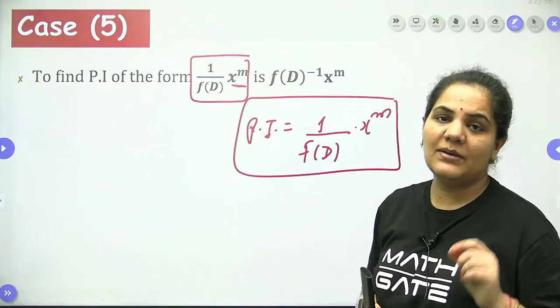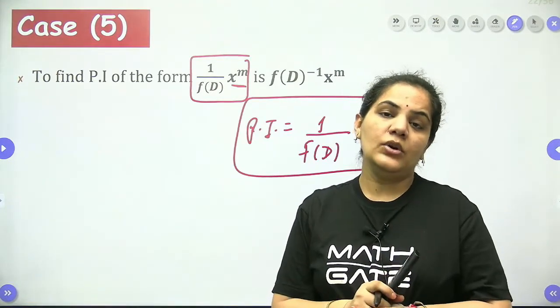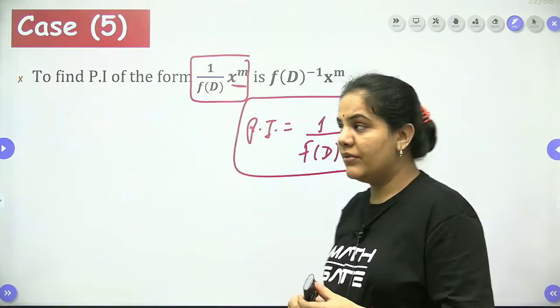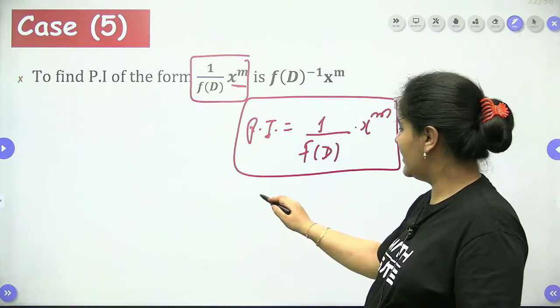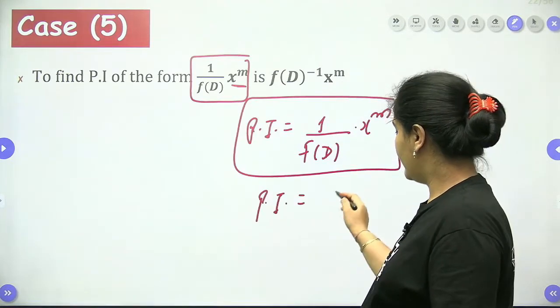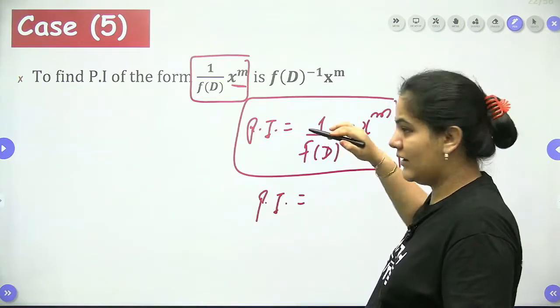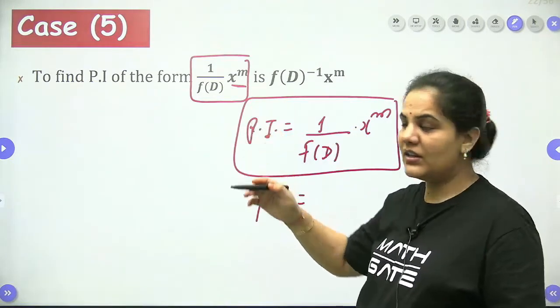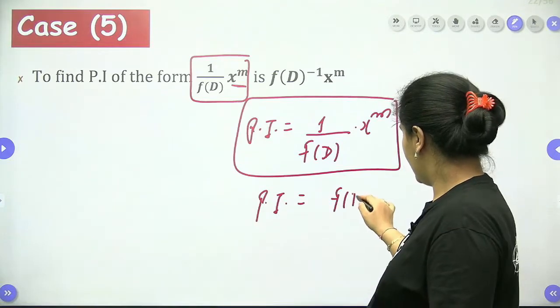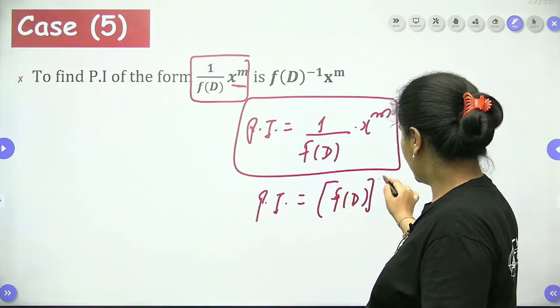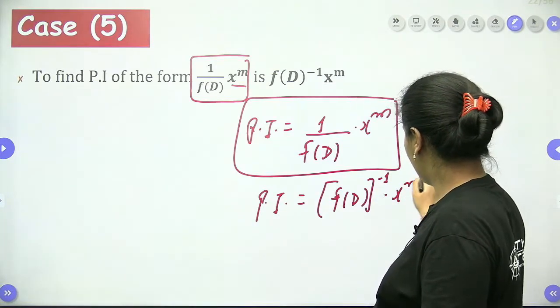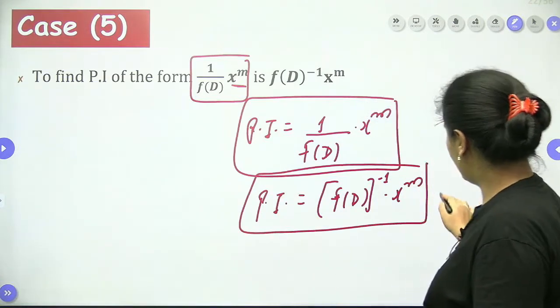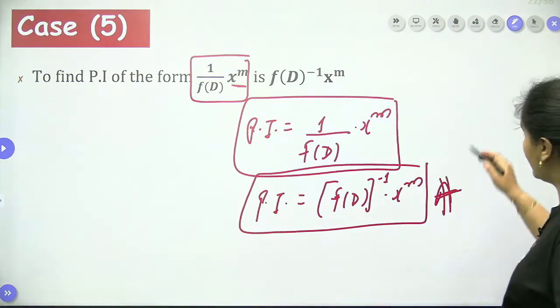When we have an algebraic form to approach, how will we approach? We will always convert this into a series. So 1 by f of D will be written in the numerator as f of D to the power minus 1 into x to the power m. This will be your approach each and every time, guys.